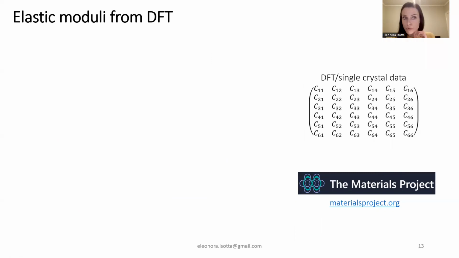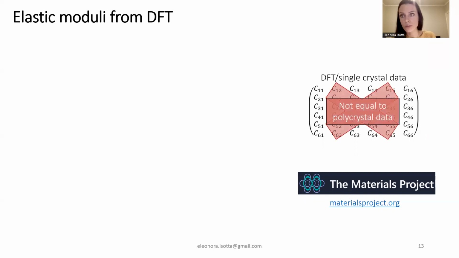One thing to really pay attention to is that DFT will calculate the elastic constants for single crystals. So if you have a polycrystalline sample and want to use the isotropic approximation, you cannot take the DFT elasticity matrix and plug it into your polycrystalline sample.